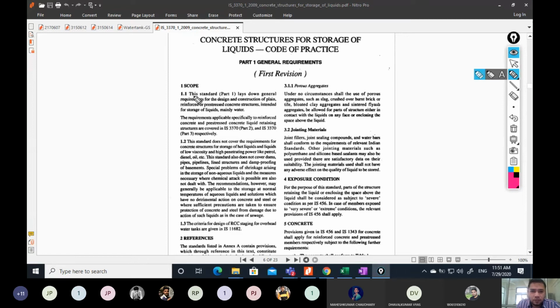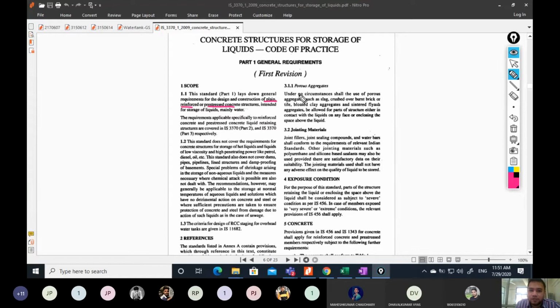The scope of the code is this standard lays down general requirements for the design and construction of plain, reinforced and pre-stressed concrete structures intended for storage of liquids, mainly water. So in this code it gives guidelines for the design of liquid retaining structures, and especially water, made of plain, reinforced or pre-stressed concrete.